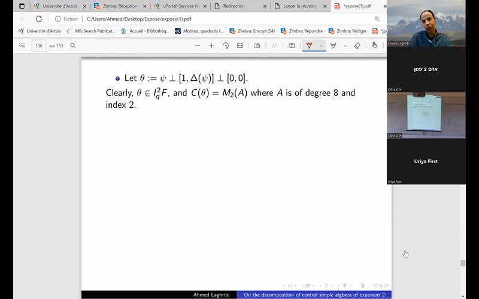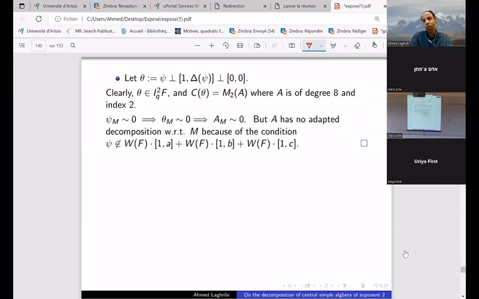It is of degree 8 and index 2. Because psi is hyperbolic over M, theta is also hyperbolic and the algebra is split. But the algebra has no adapted decomposition because of the previous claim. Okay, so this is about the construction.